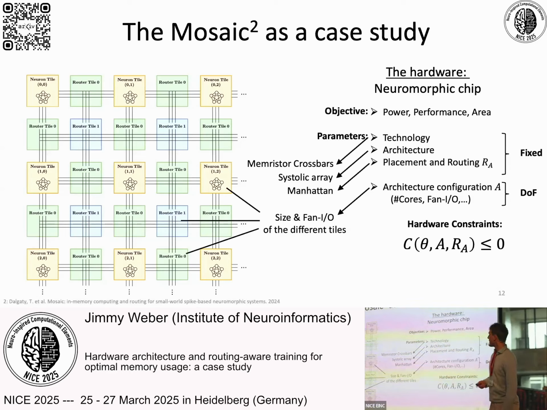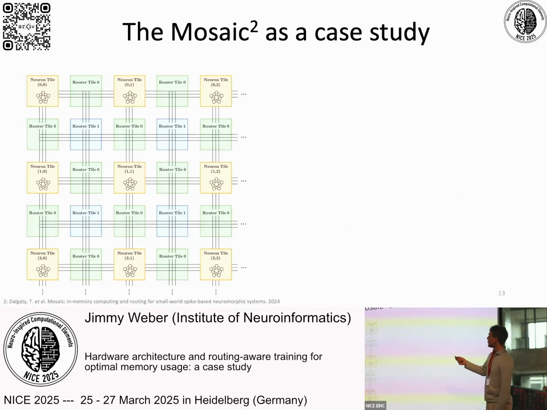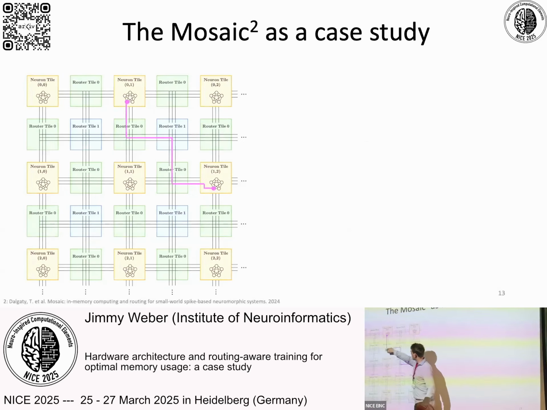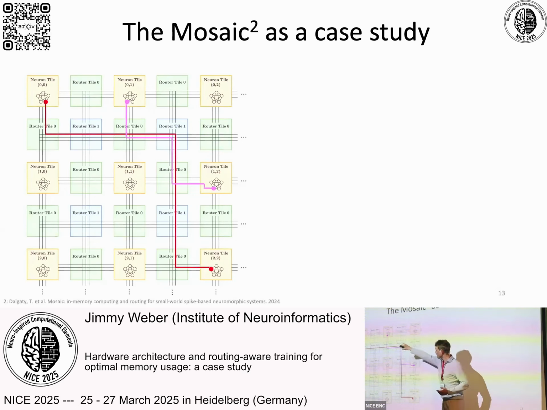So Manhattan, what is Manhattan? Let's say we have to connect those two purple neurons here and there. We just create a route that goes through those router tile crossbars. We need to create another route, let's say from this red one to this red one. Then we can partially reuse this route at the level of a router or at the level of a neuron.